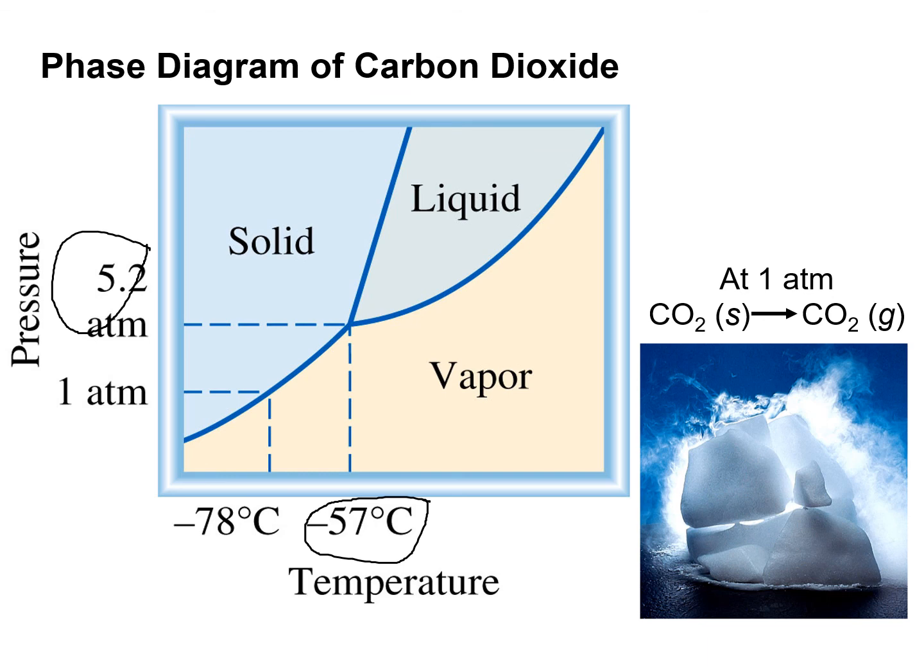And we can also see, of course, at 1 atmosphere that CO2 is a vapor at 1 atmosphere. And these are the temperatures. So, different substance, different phase diagram, but same ability to predict phases.